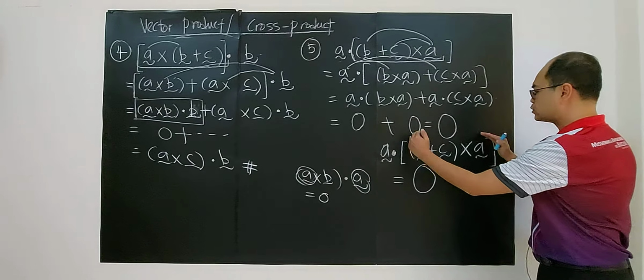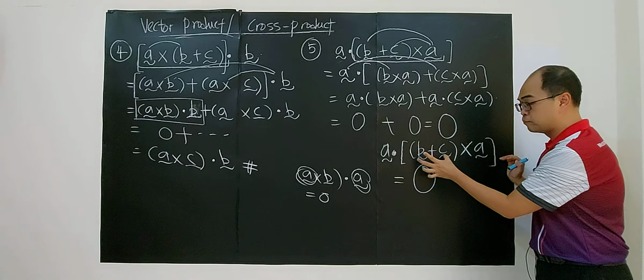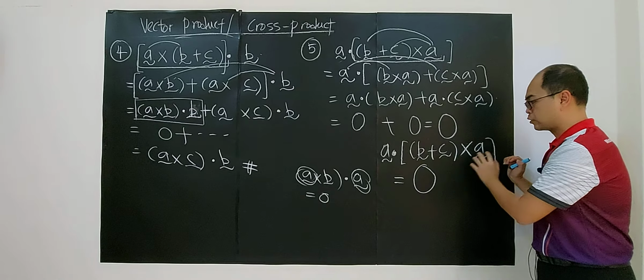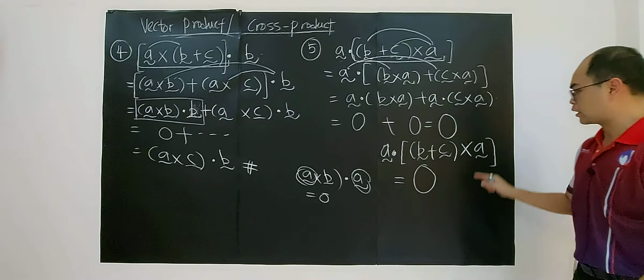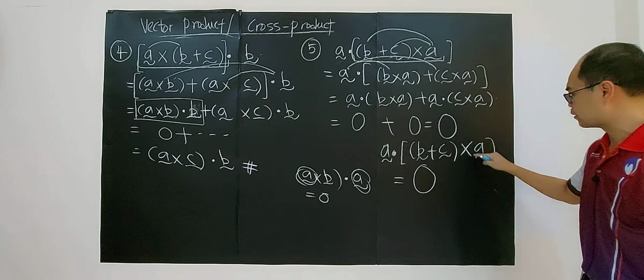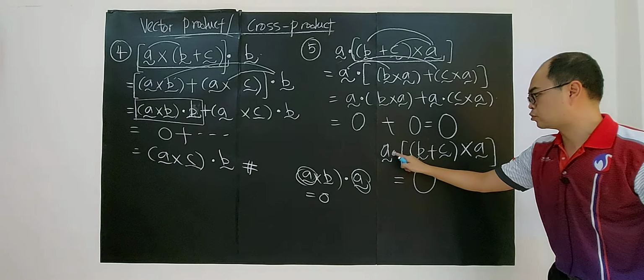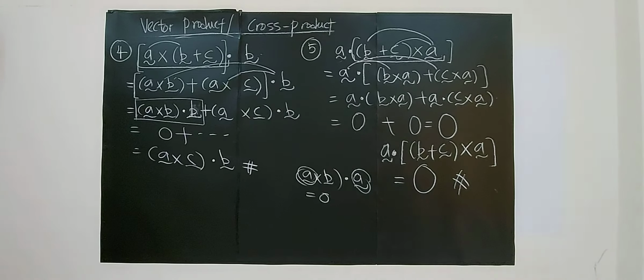Because the vector that you produce after you do the cross product, B plus C cross with A, will be perpendicular to A as well, because inside the cross product there is a vector A involved. So when you dot with this whole vector, you get 0. This is another shortcut if you're able to see the properties carefully.